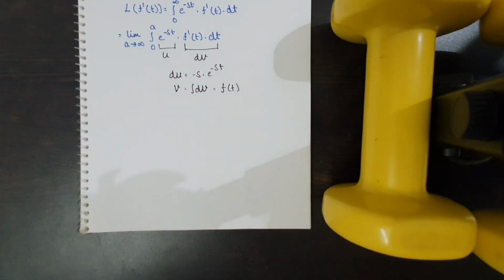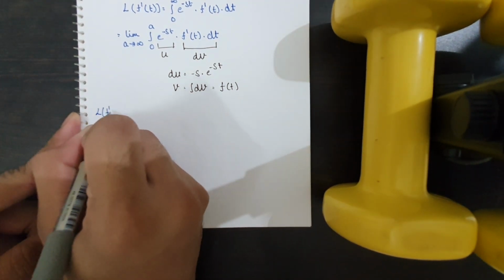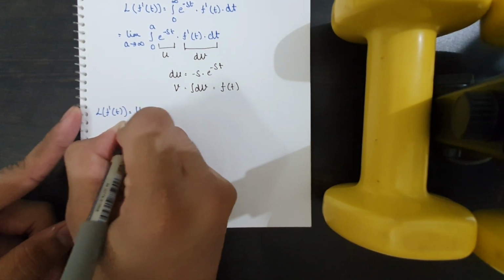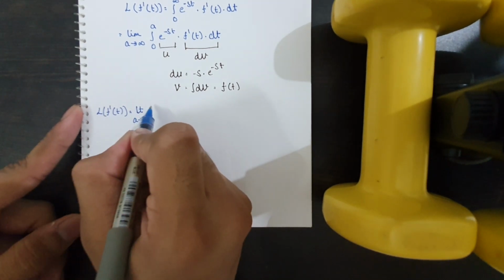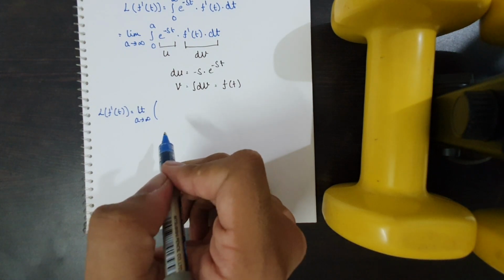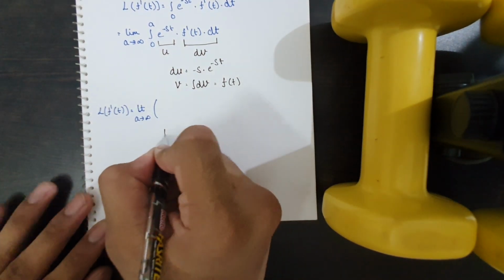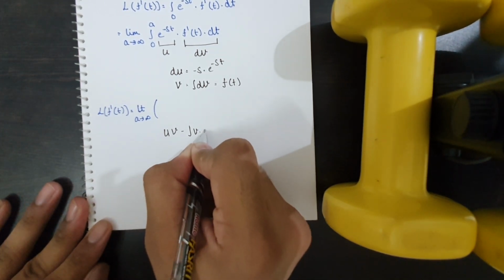Now L of f dash of t equals limit a tends to infinity. We have the by parts formula, that is uv minus integral v du.